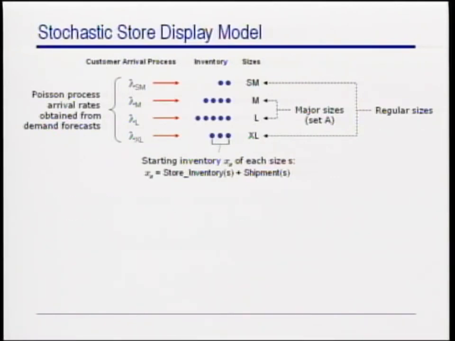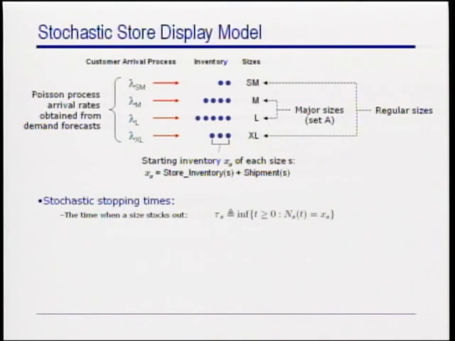This led us to study the random stopping times associated with these events, such as here the time when a size runs out, defined as the first instant when the cumulative counting measure associated with the demand process for that size equals the inventory initially available.